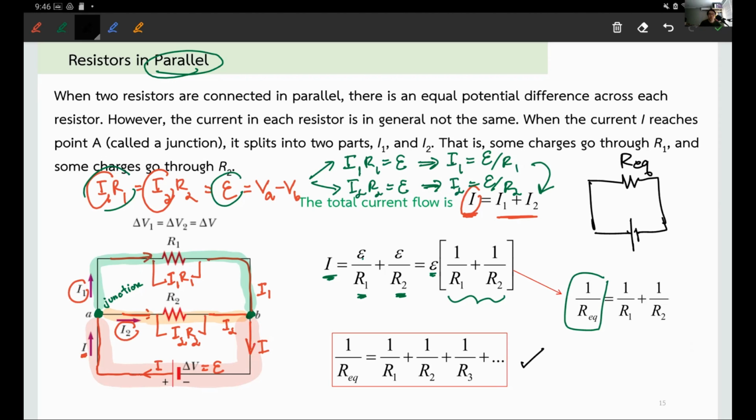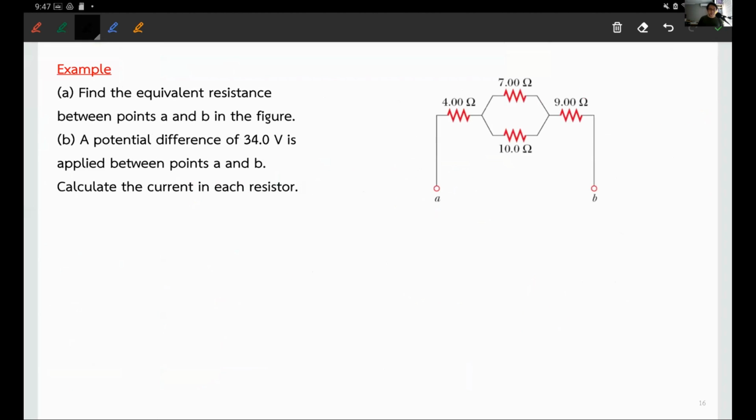Alrighty. Okay, guys, I'm back. I think this may seem a bit too long for those of you who are familiar with this already, but I hope it works for those of you who haven't done much circuit analysis. So in conclusion, let's practice.